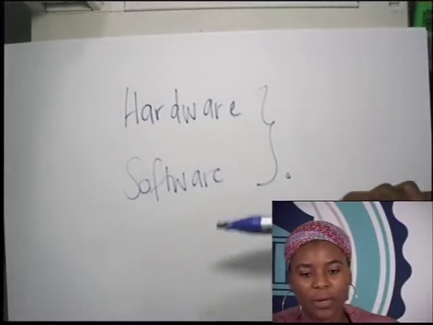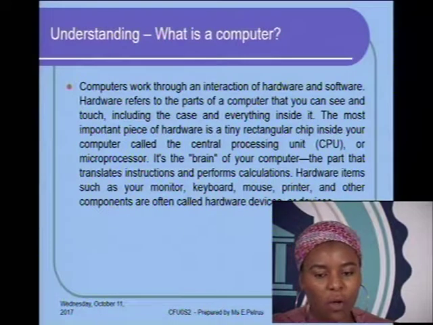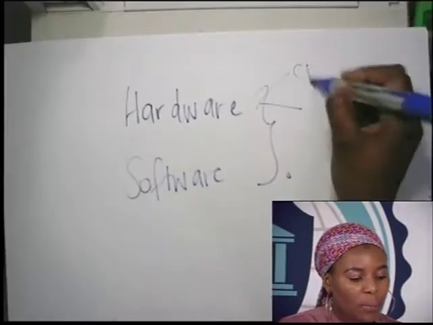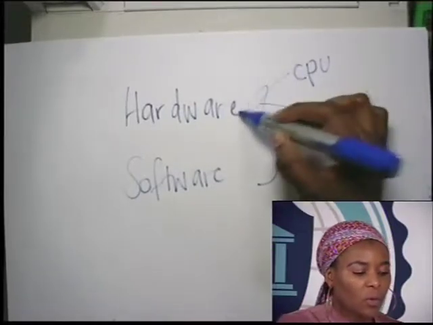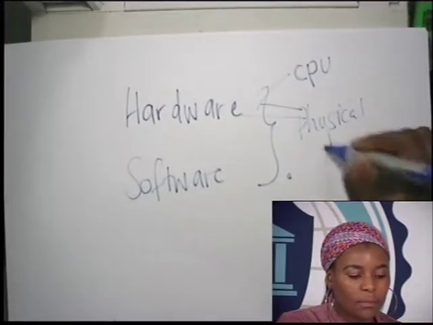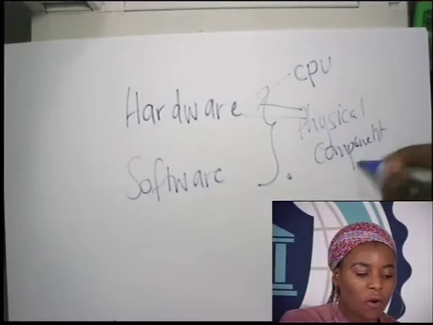Okay, now the most important piece of hardware is a tiny rectangular chip inside your computer called the central processing unit. So hardware is made up of what we call a CPU, and when we talk of hardware, this is what we call a physical component, something that you can physically touch or feel.